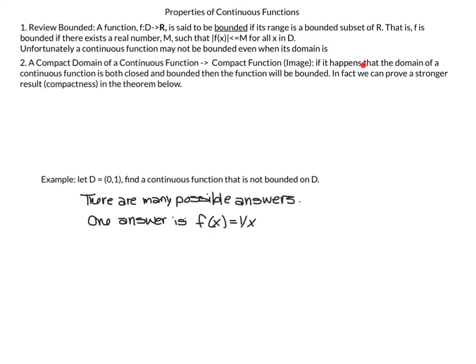So here it says if the domain of a continuous function is both closed and bounded, then the function will be bounded. And I wanted to comment, for this example, it is not enough to take D to be the closed interval 0 to 1, because obviously if you have f of x equal to 1 over x, it is not bounded. The reason it doesn't work is because f of x is not continuous at 0.